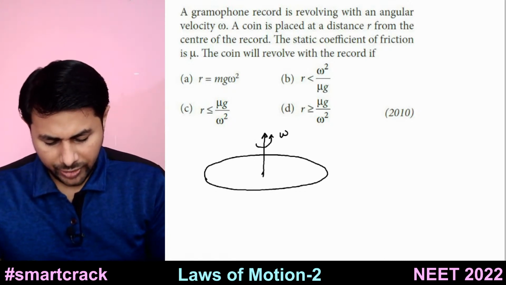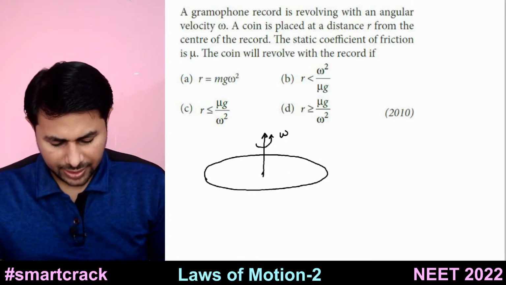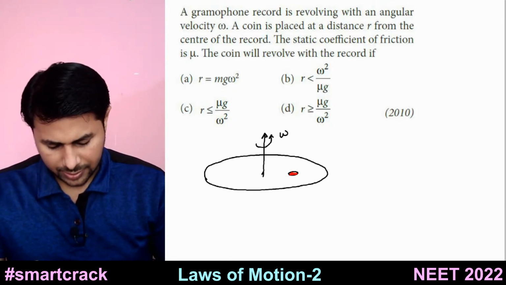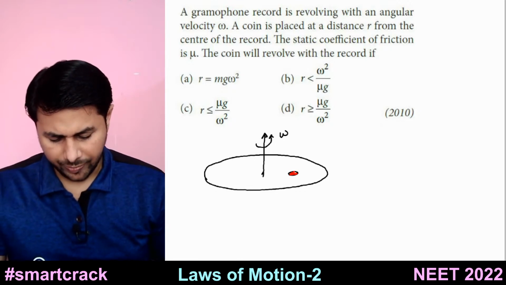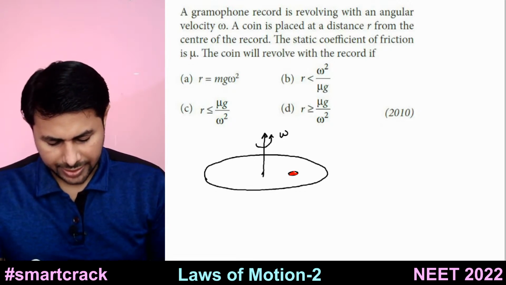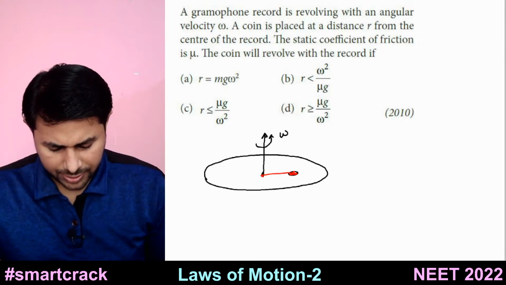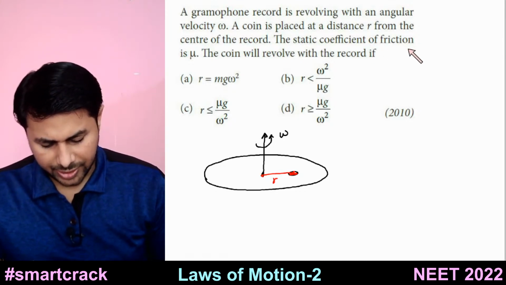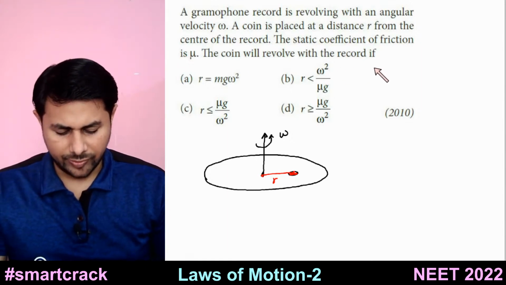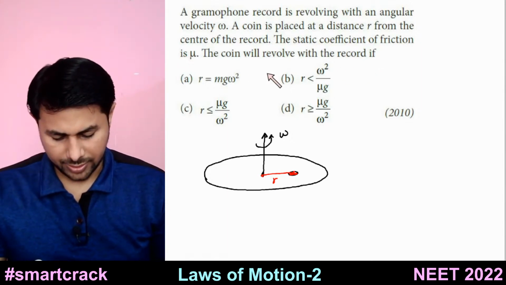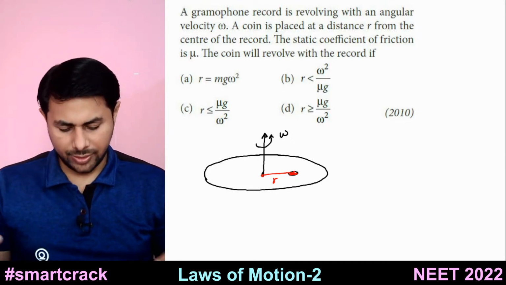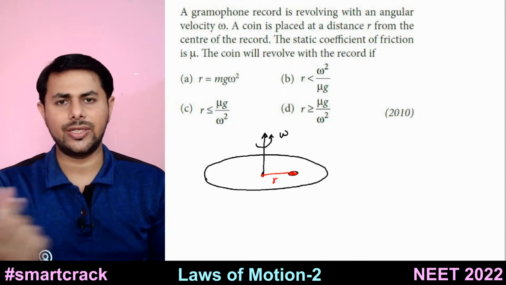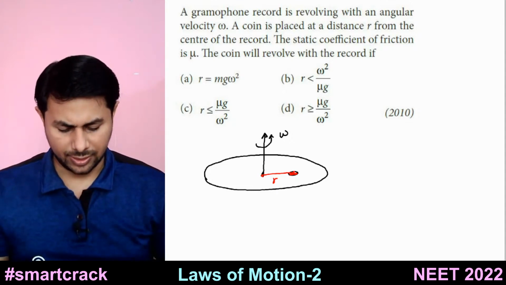And we place a coin at distance r from the center. So here is our coin. The static coefficient of friction is mu. The coin will revolve with the record if? So we have to find the condition when this coin will revolve with the record, with this disc.